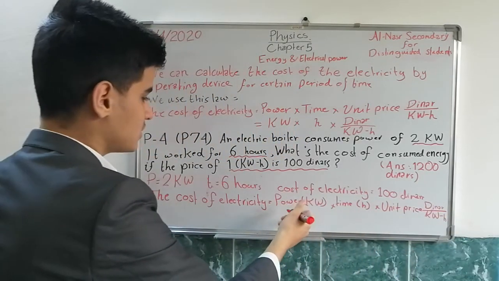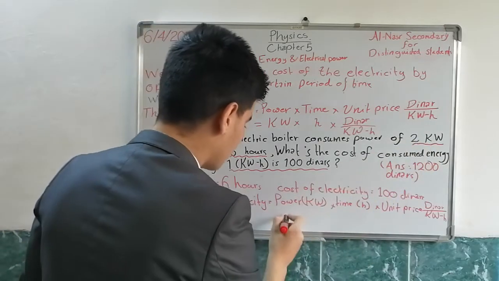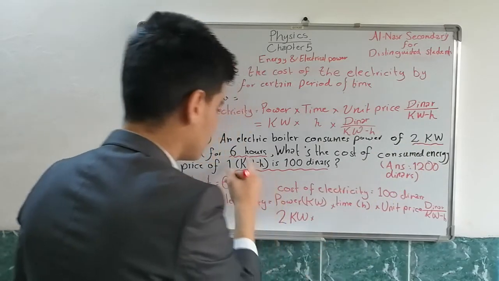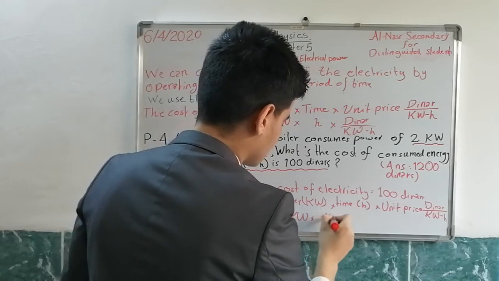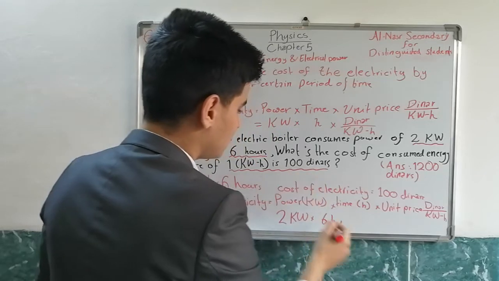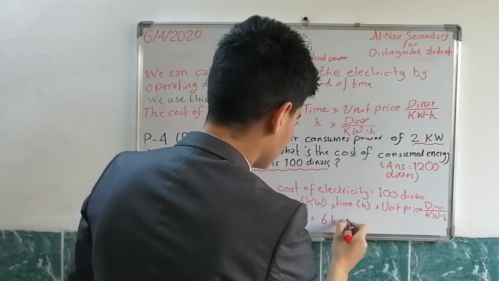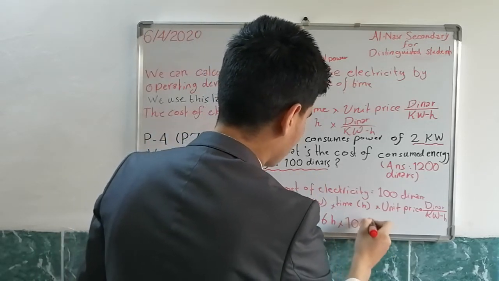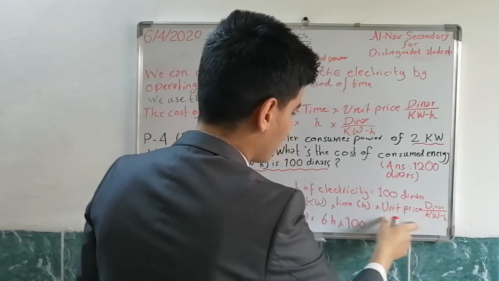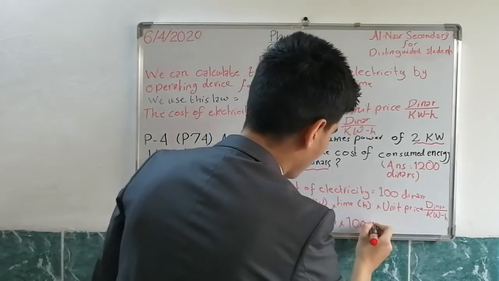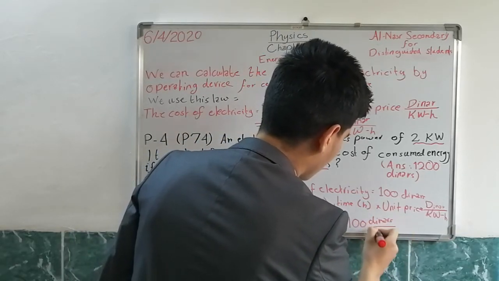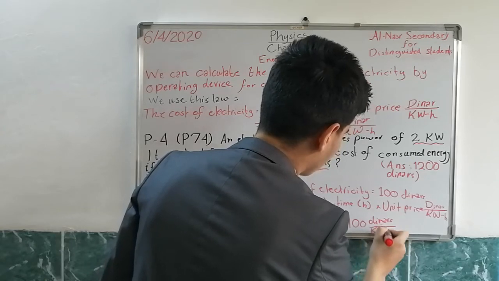The power is 2 kilowatt. The time is 6 hours. The unit price is 100 dinars. We must write the unit of the law, not the unit of the problem: dinars per kilowatt per hour.